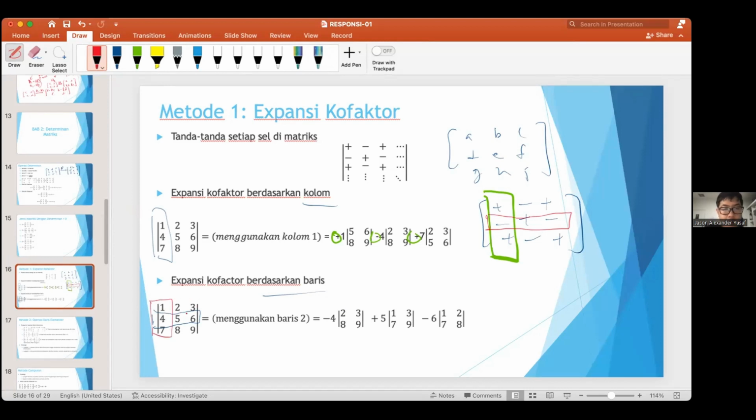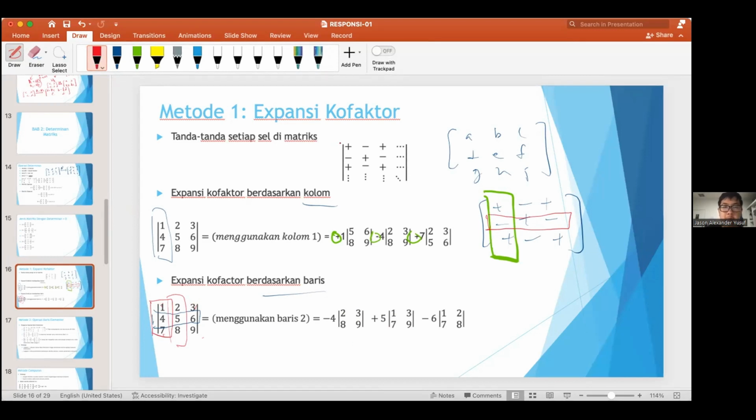So you see 2, 3, 8, 9. The same goes for the second part, just draw a box in the middle. It's 1, 3, 7, 9, and so on. And so you get the determinant if you calculate.